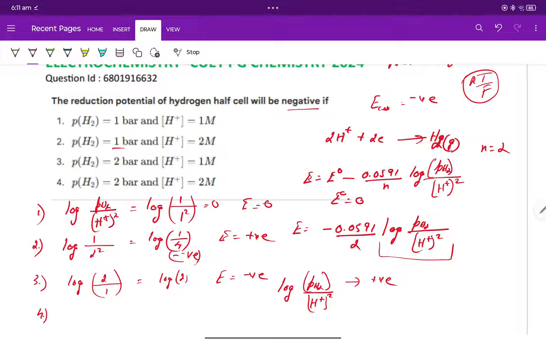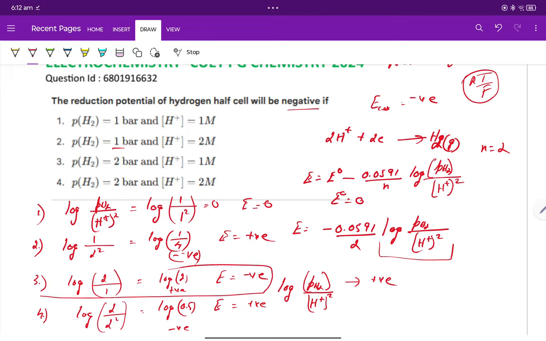Now in the last option, again this is log of 2 divided by 2 square, so 2 by 4, which is 1 by 2, so log of 0.5. Log of 0.5 is a negative value, so the total E value will be positive. Log 2 is positive, so the right option you can see is option number 3.